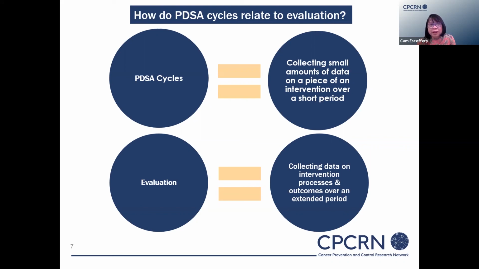So you might be iterating on different components of an intervention or trying to make small changes. That is different from an overall evaluation where you are doing a full implementation of the intervention, understanding all the delivery processes, and trying to study outcomes over a period of time.